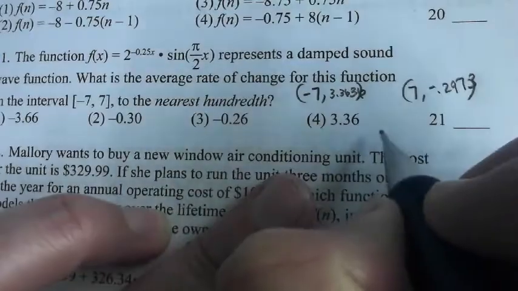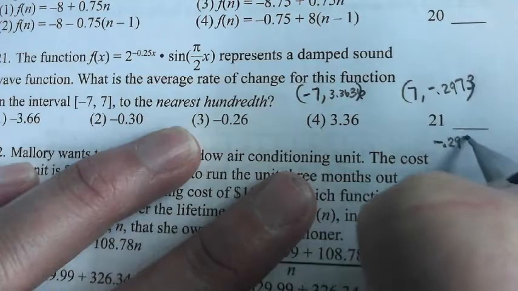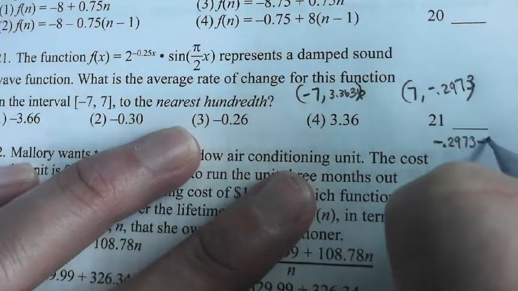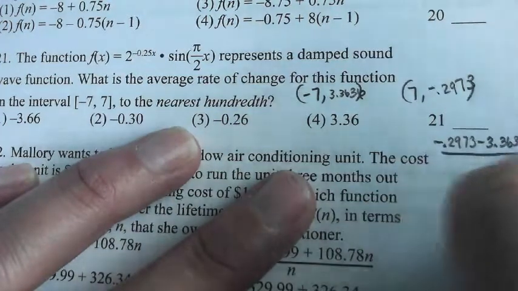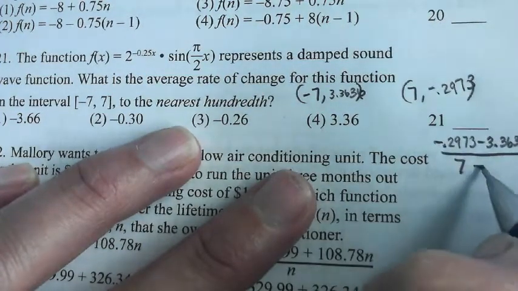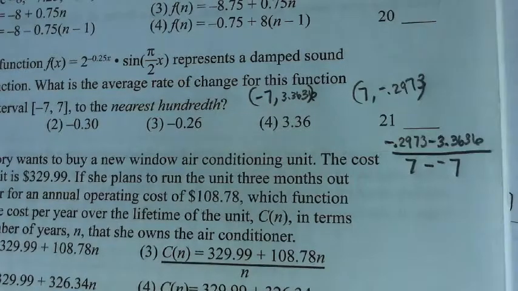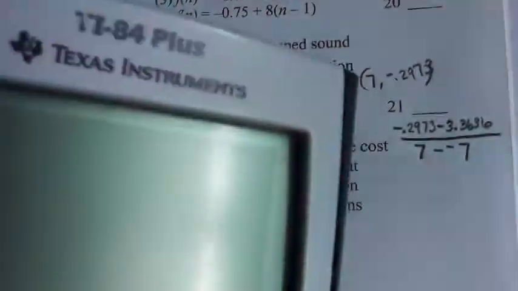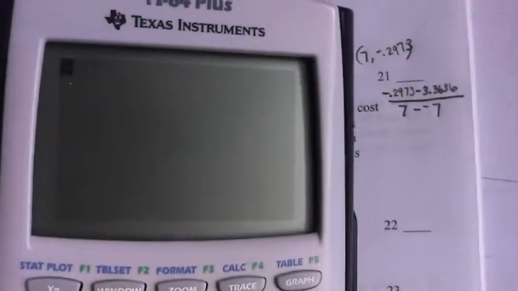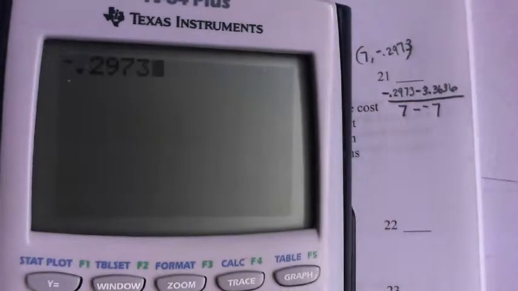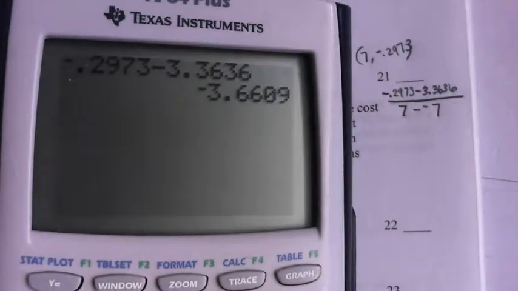Then your slope formula is the y coordinate, -0.2973, minus the other y coordinate, 3.3636, over x2 minus x1, 7 minus -7. So this is all calculator here. -0.2973 minus 3.3636, there's my numerator.